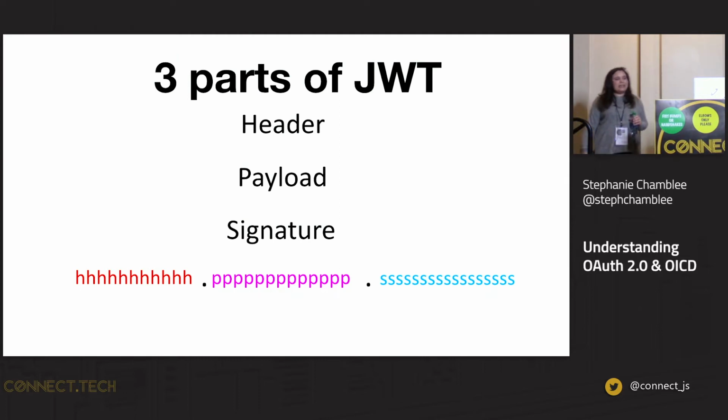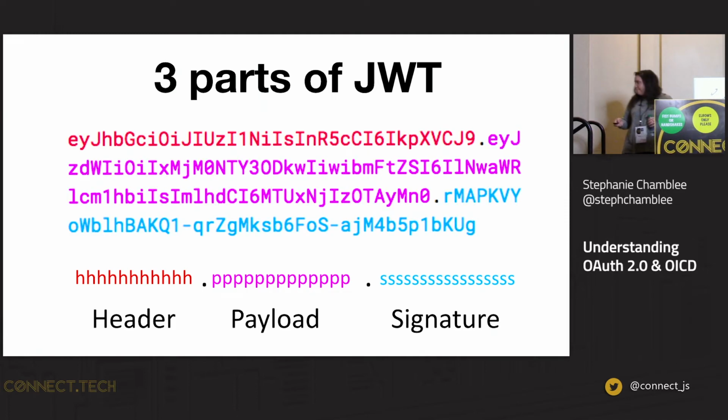So a JSON Web Token is a compact, URL-safe means of representing claims to be transferred between two parties. There are three parts: the header, the payload, and the signature. If you took a look at the red and pink part, would you say that is encoded or encrypted?